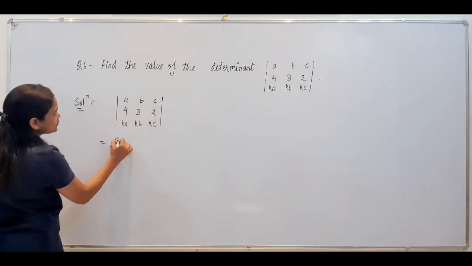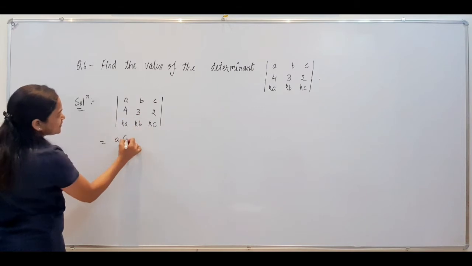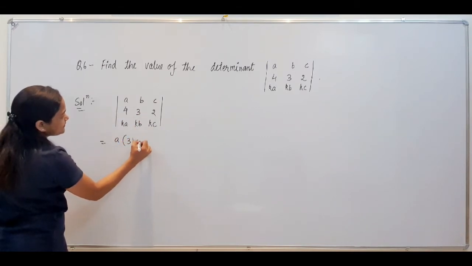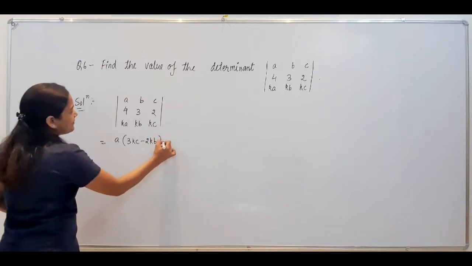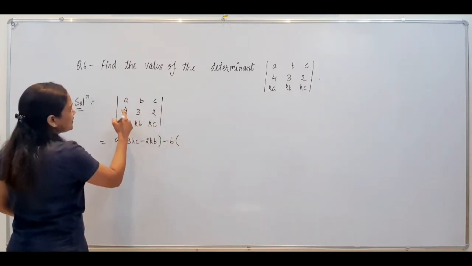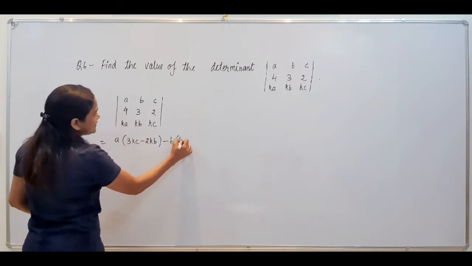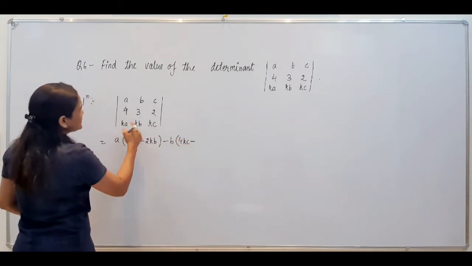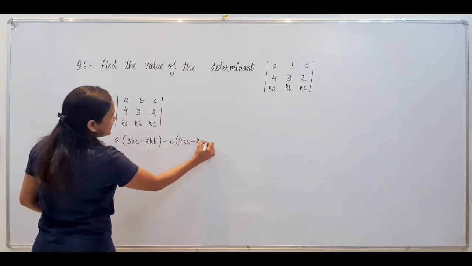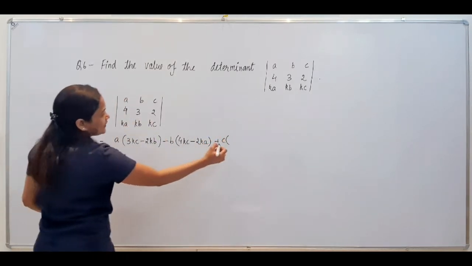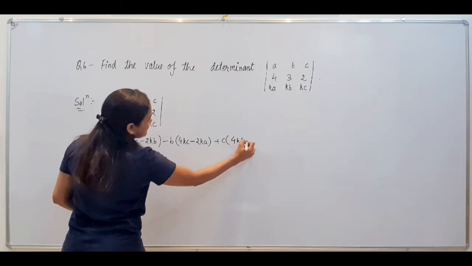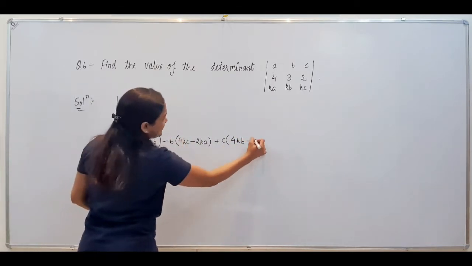This will be equal to a times (3kc minus 2kb), minus b times (4kc minus 2ka), plus c times (4kb minus 3ka).